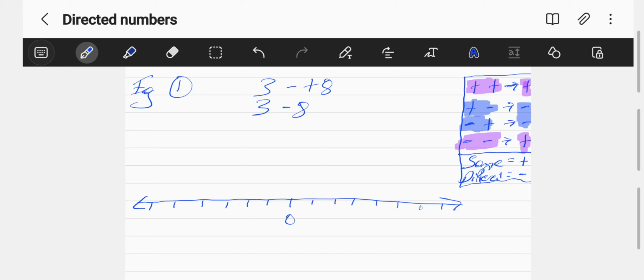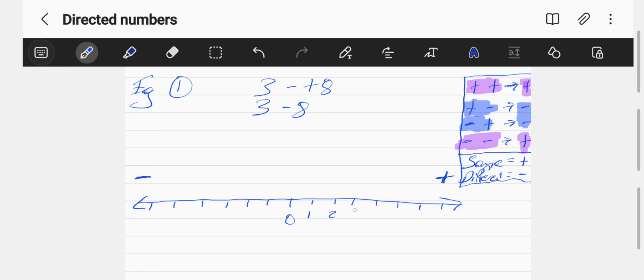Okay, I can hear you saying positive numbers to the right of 0, and to the left of 0, we have our negative numbers. Incidentally, when we're adding, we go to the right. When we're subtracting, we go to the left. So it's a good way to remember what direction to go.